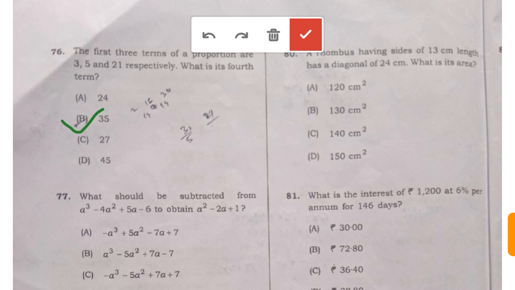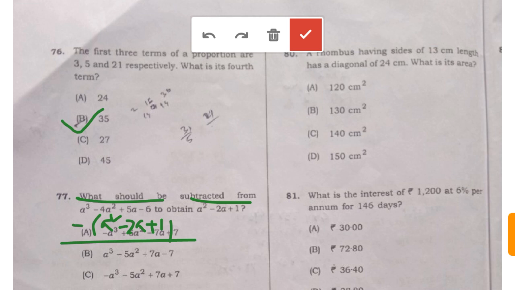The next one is, what should be subtracted from a cube minus 4a square plus 5a minus 6 to obtain a square minus twice a plus 1? What should be subtracted from this to obtain this? Simply subtract the second term from the first and we will get the answer. I'll show you. Just write here a square minus 2a plus 1 and subtract from the first one.